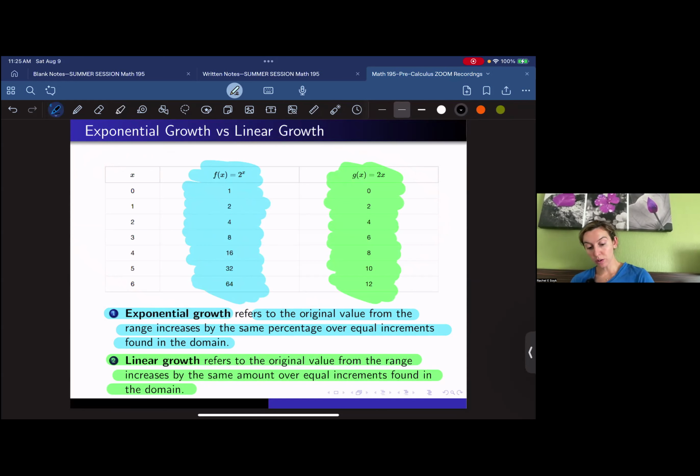Again, exponential functions shoot up real fast. That's the visual representation, whereas on a graph, a linear function is constant throughout, whereas this is much slower and then boom, much faster.